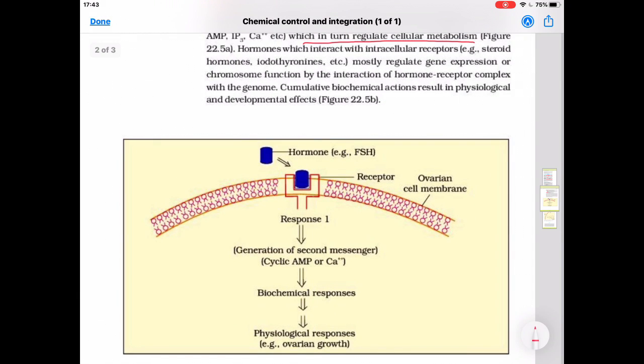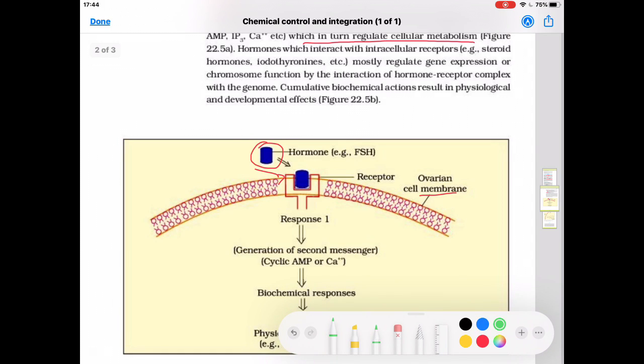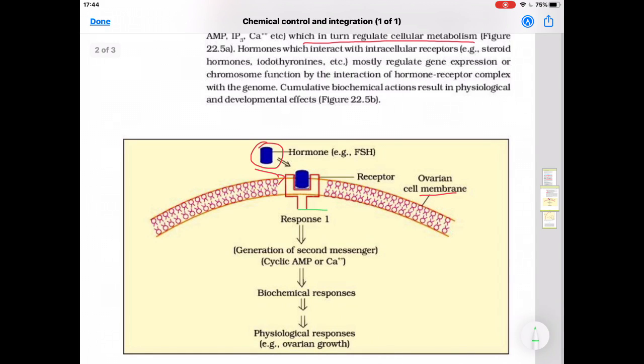22.5 below. In diagram A, receptors are present on the cell membrane. Hormone combines with the receptor and forms a hormone receptor complex. Then this complex generates one response, known as response 1. This response generates a second messenger, cyclic AMP or calcium.